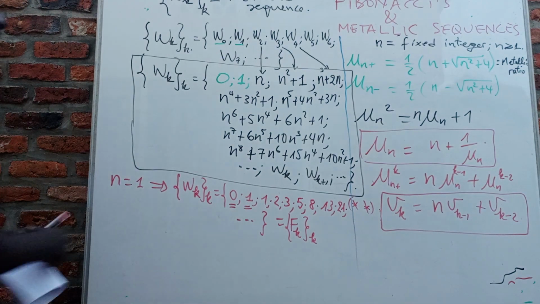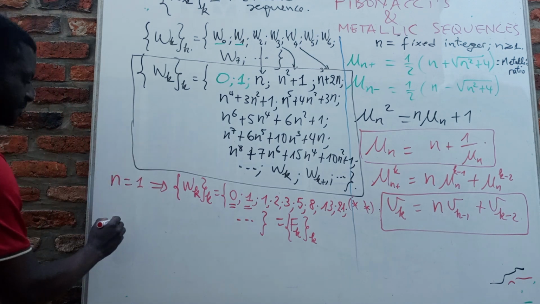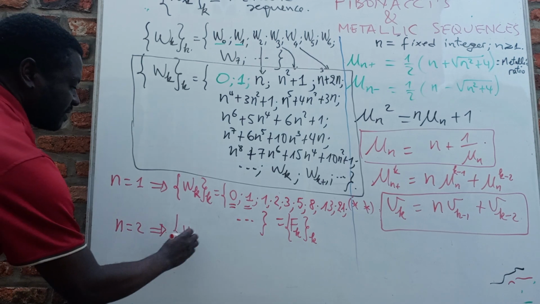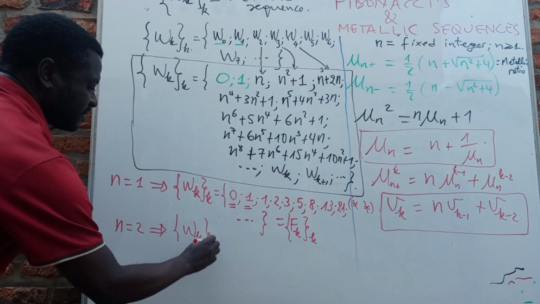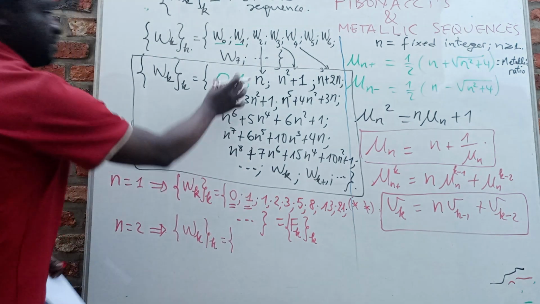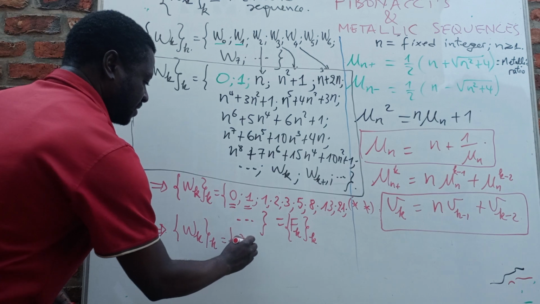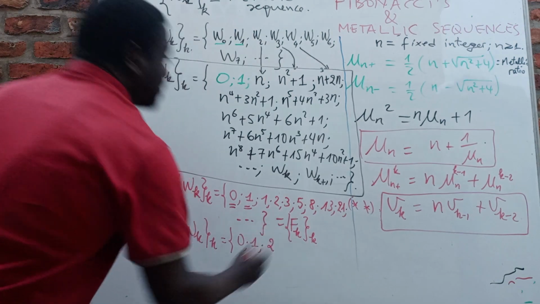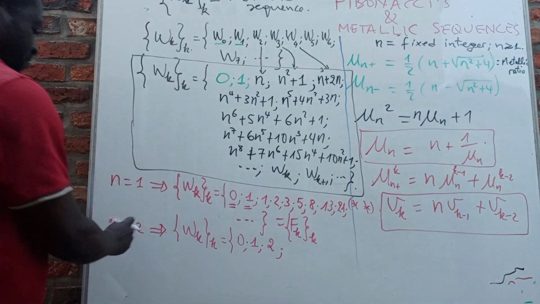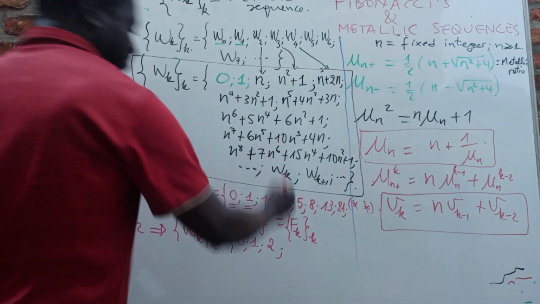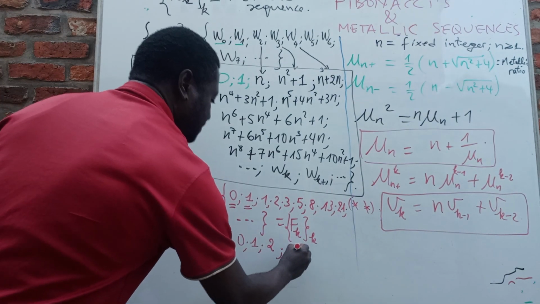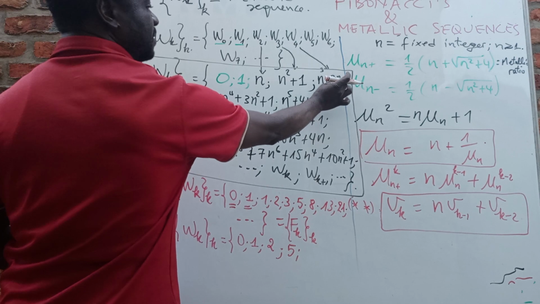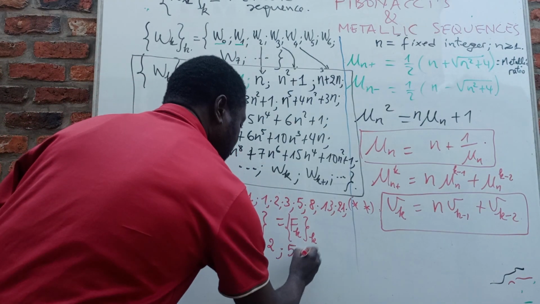Okay. Now, suppose we take n equal to 2. What we are going to get is this sequence. So initial values are supposed not to change. So I have 0 and 1. The next one we substitute 2 because n is equal to 2. So 2 power 2 is 4. 4 plus 1 is 5. So now 2 power 3, 8. 8 plus 4 is going to be equal to 12.